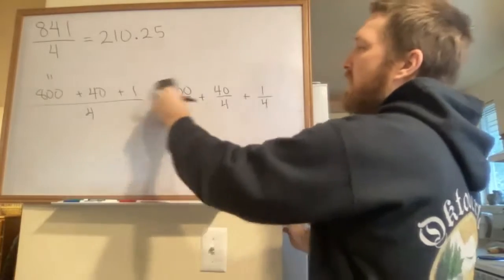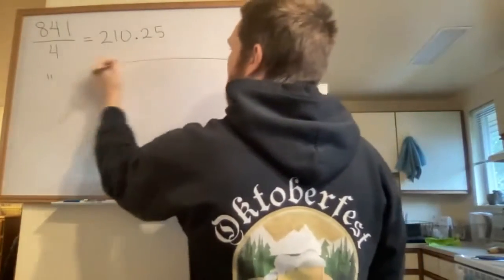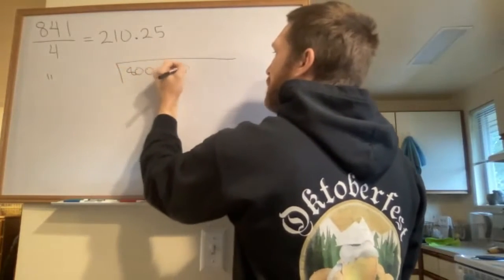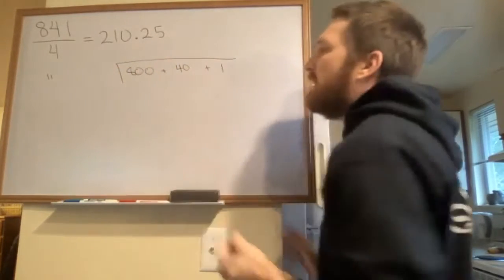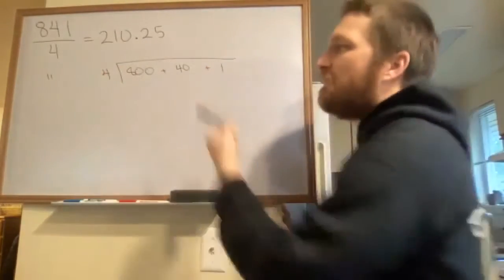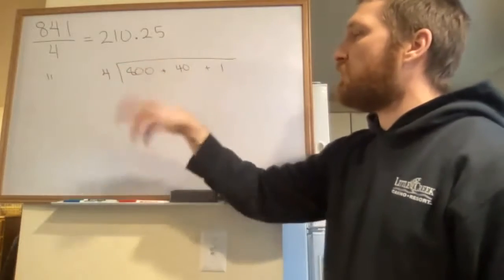When we initially have 841 and we write it like this, we're actually treating it like this. Because remember, the first case we said, how many times does the 4 go into the 8? And you say, well, it's 2, right? 2 times 4 gives you that.